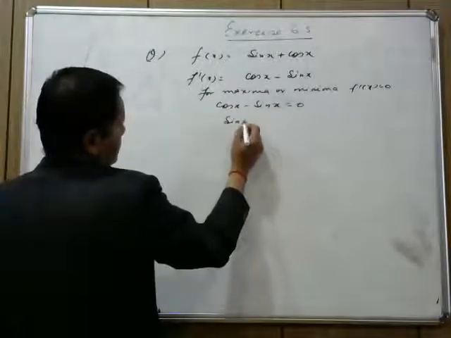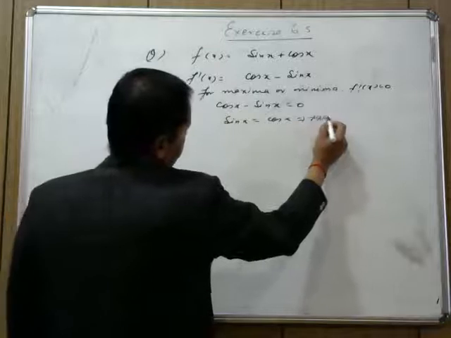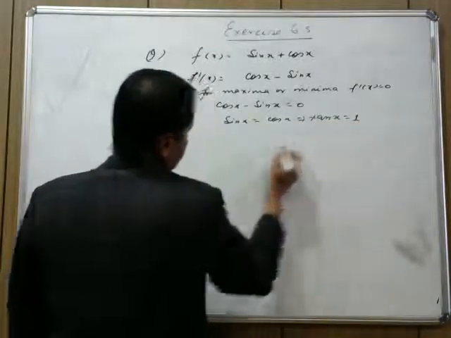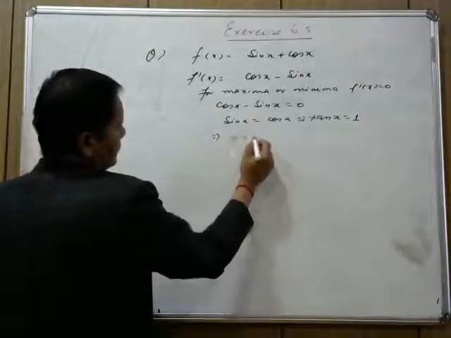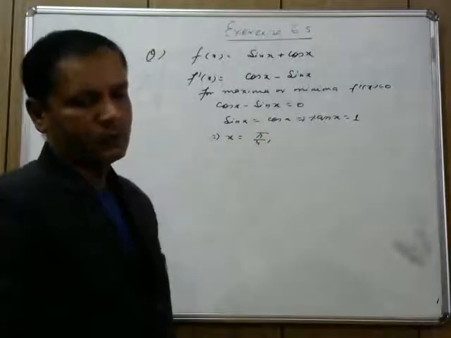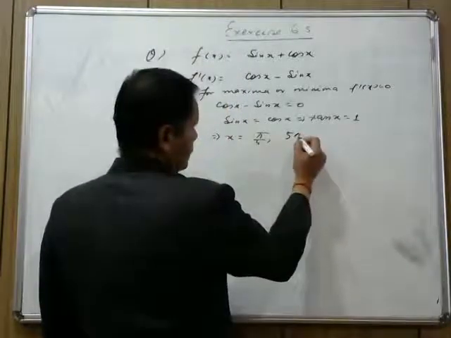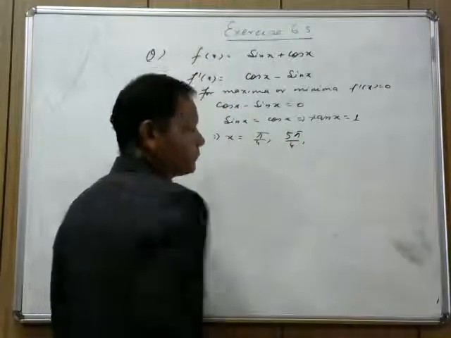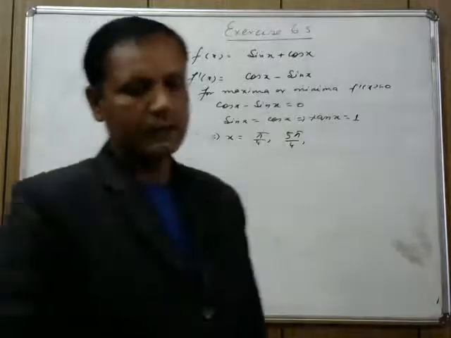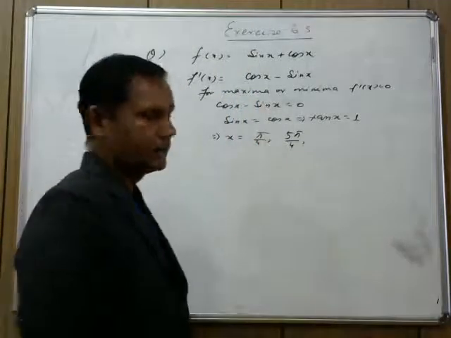It implies that sin x is equal to cos x, so tan x is equal to 1. Now x is equal to pi by 4. We can have 5 pi by 4.